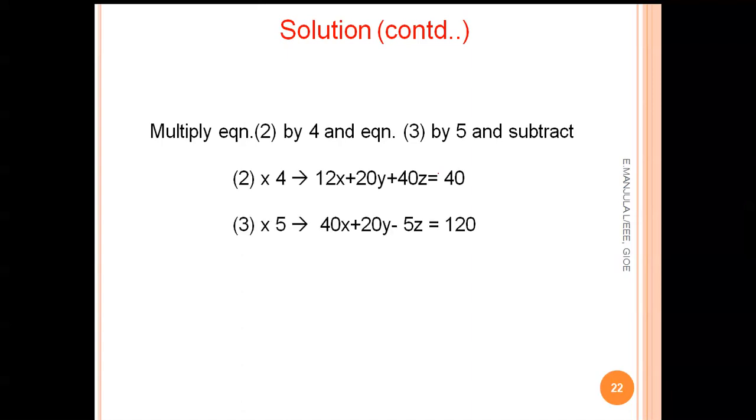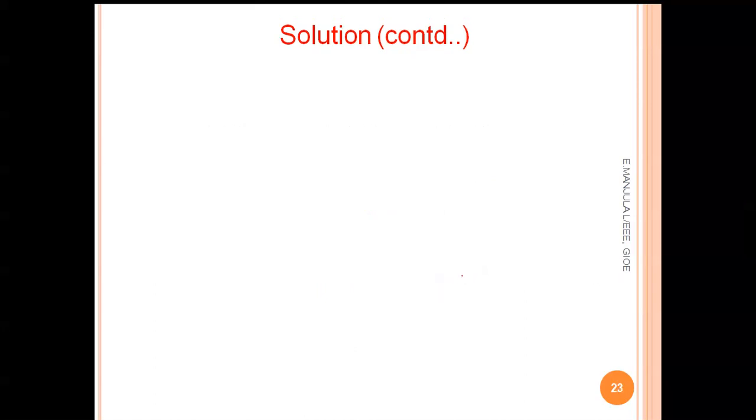Okay, now multiplying equation 2 by 4 and equation 3 by 5, we will get 12x plus 20y plus 40z is equal to 40, and 40x plus 20y minus 5z is equal to 120. Now subtract. Then we will get minus 28x plus 45z is equal to minus 80.